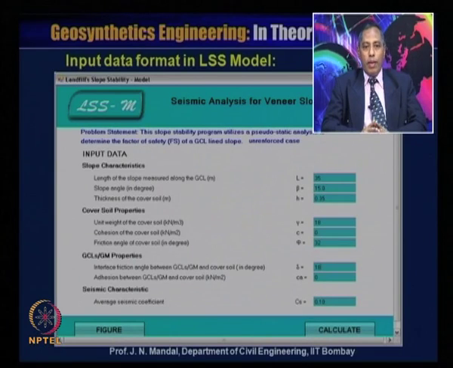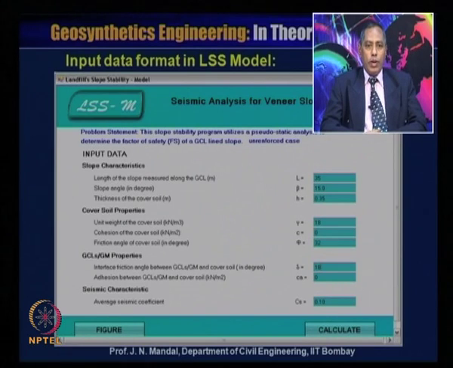So, input data, the slope characteristics: the length of the slope measured along the geosynthetic clay liner L is equal to 35 meter, the slope angle beta is equal to 15 degree, and the thickness of the cover soil H is equal to 0.35 meter.